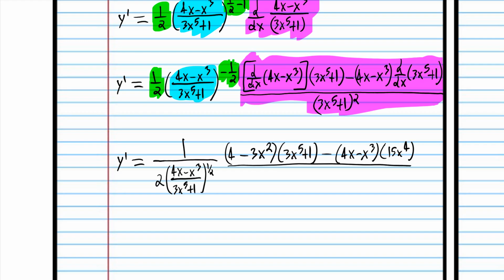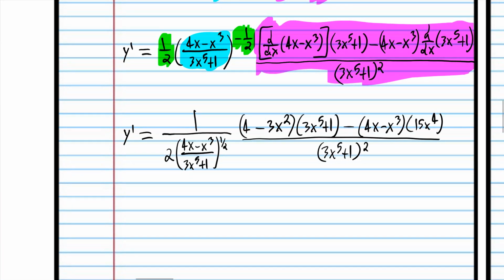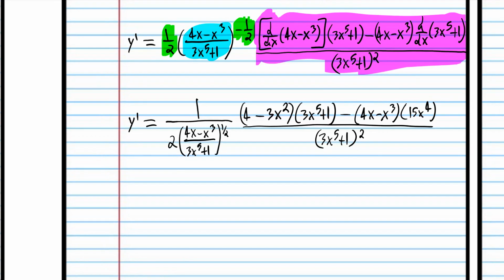And that's all divided by (3x to the fifth plus 1) squared. We have to do some algebraic gymnastics here, it looks like. You don't want to turn this into a root quite yet. I was talking about getting rid of the fraction exponent, but now I see that probably best that we don't do that at this point.